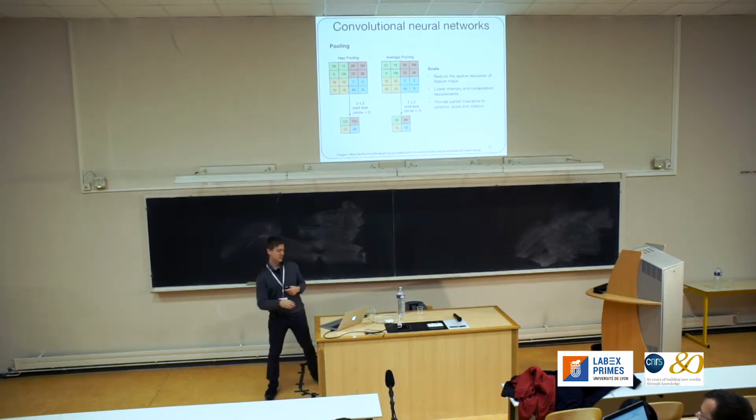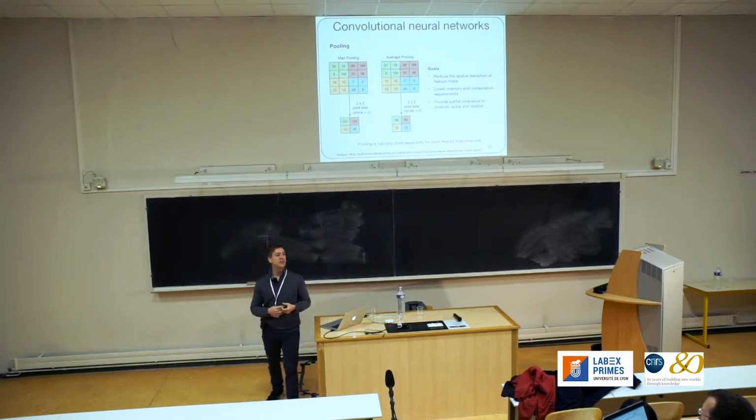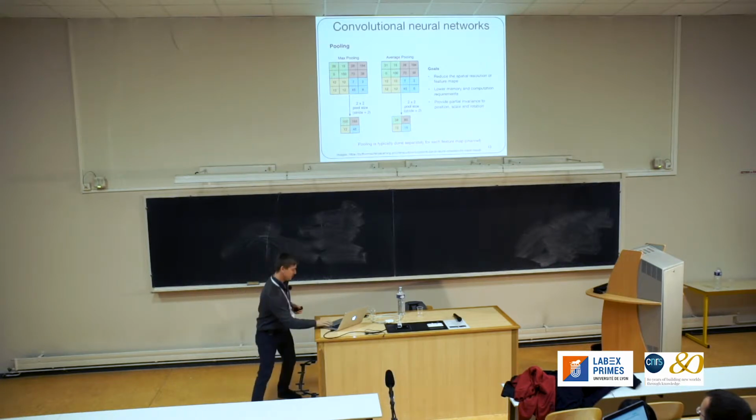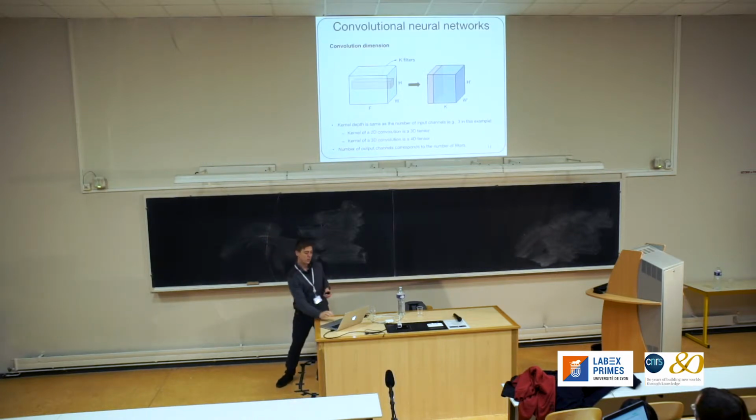Anybody know? Okay. The difference is that pooling is typically done per channel. Remember when I talked about convolution, I said that when I apply the convolution, I actually do a weighted sum of the values across channels. So I consider this whole chunk.